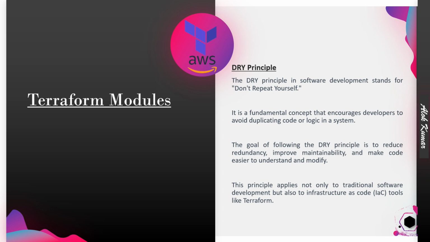The DRY principle in software development stands for don't repeat yourself. It is the fundamental concept that encourages developers to avoid duplicating code or logic in the system. So you can maintain the code in a very easy way.